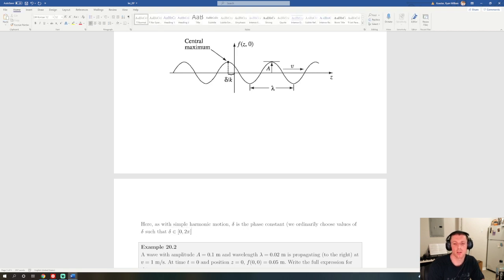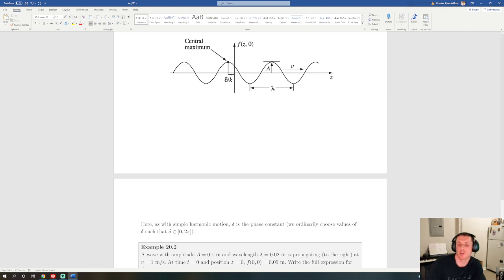Right, so delta can be 0, it can be 2 pi, it can be anything in between. And the reason for this convention is just because these trig functions, for instance, they're periodic, right? So there's any number of deltas you could actually choose that would make this a thing we could do, but we have a convention where we just choose delta to be between 0 and 2 pi.